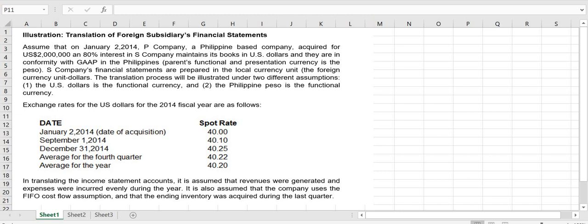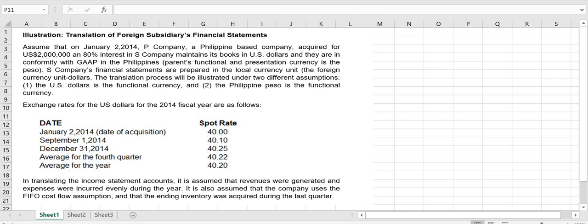The parent's functional currency and presentation currency is the Philippine peso, since the parent is a Philippine-based company. So S company's financial statements are prepared in the local currency unit, meaning the US dollars, the foreign currency unit.